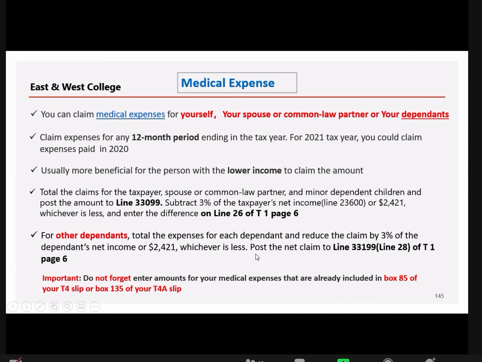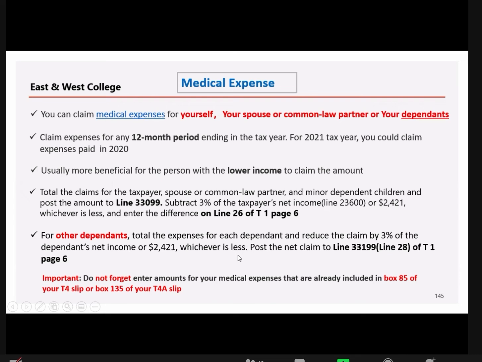It's the same thing: subtract 3% of the dependent's net income, or 2,421, whichever is less.